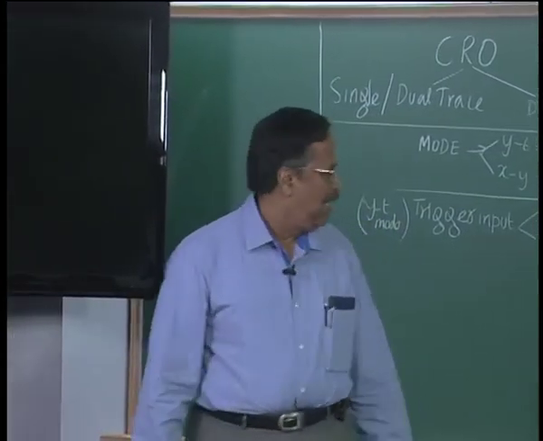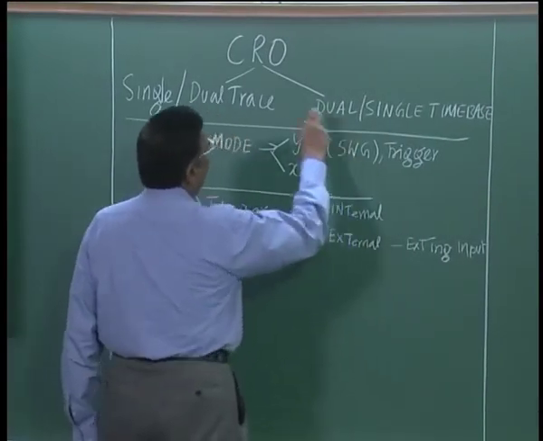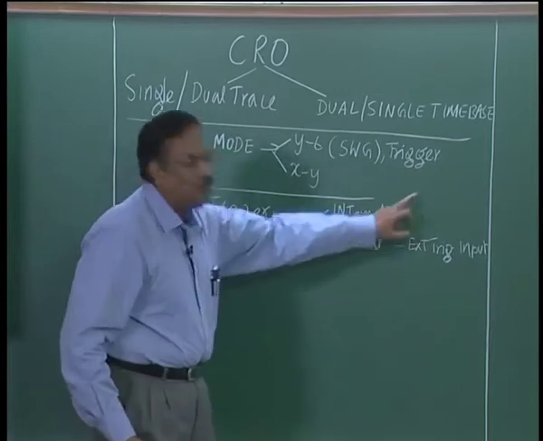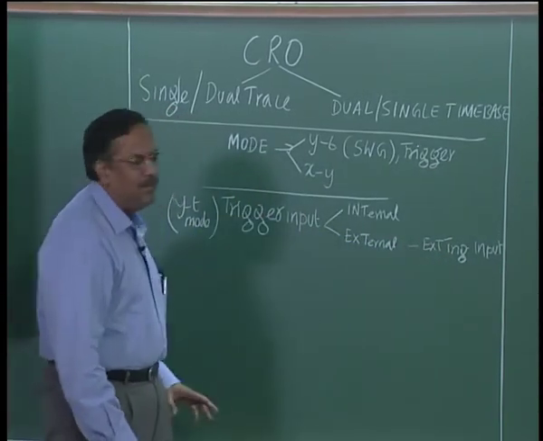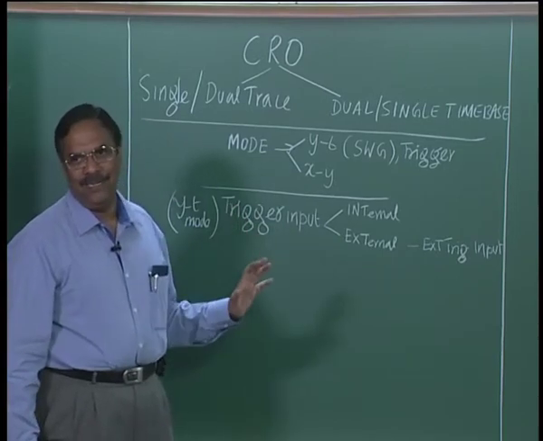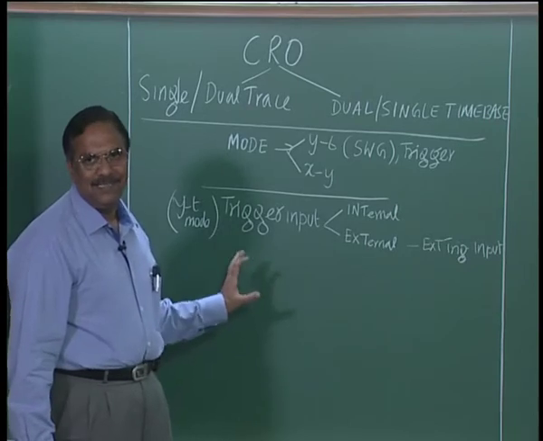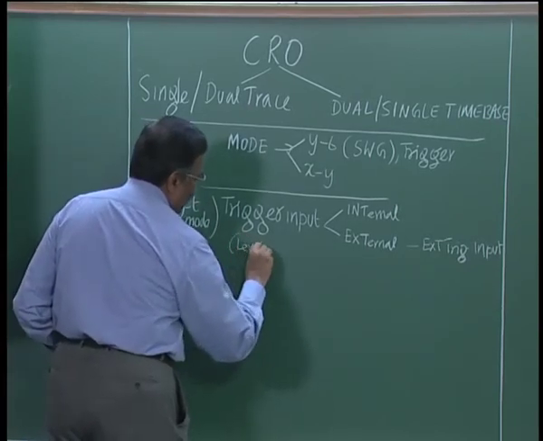And in the internal mode, if I have a dual trace then I can choose Y1 or Y2, right, and in all trigger modes we have to choose the level and slope, right, it is not just one selection.